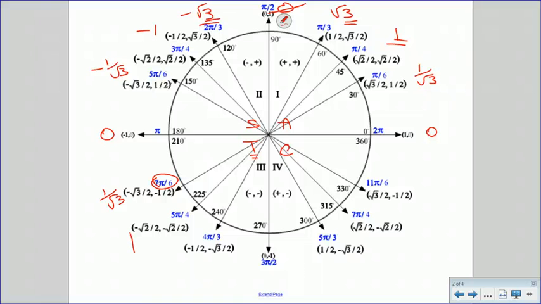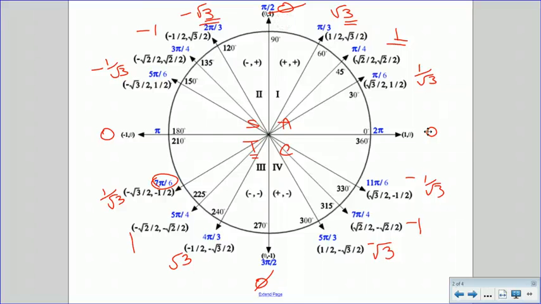Small, medium, large, undefined, extra large. 11 pi over 6, same reference angle as pi over 6. Small, medium, large, infinity, extra large. But in quadrant 4, cosine's positive, which means tangent is negative. Make sure to mark those as negatives.